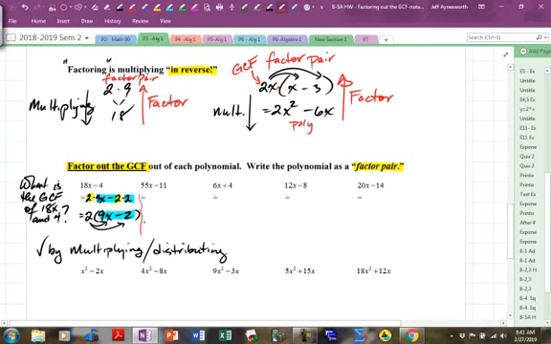You've got to be thinking in your mind now, 55x and minus 11. What divides into 55 and 11? Since 55 is 5 times 11, they have 11 in common. So we're going to write each as a factor pair. I'm going to write the 55x as 11 times 5x. I'm going to write the 11 as 11 times 1, because 11 is called a prime number. So I notice that the common factor is 11.